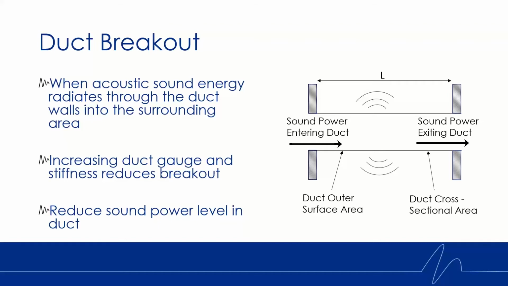The ways that we would mitigate this is, number one, we would reduce the amount of sound power in the duct before it reaches an occupied space. That would be putting a noise control device before it enters that space to reduce the sound levels. Or alternatively, we can increase the thickness or the mass of that duct by increasing the gauge of it to better be able to hold in that noise.